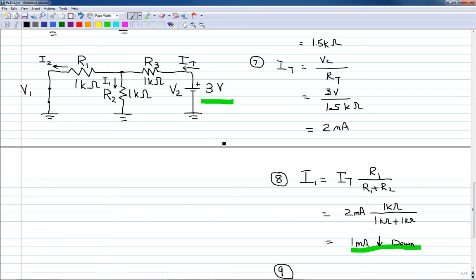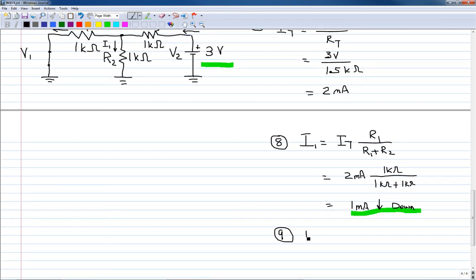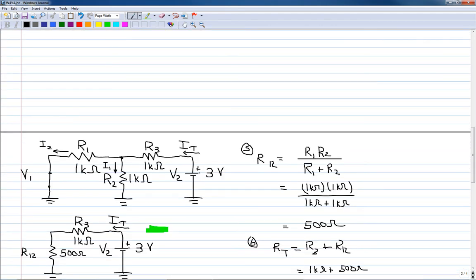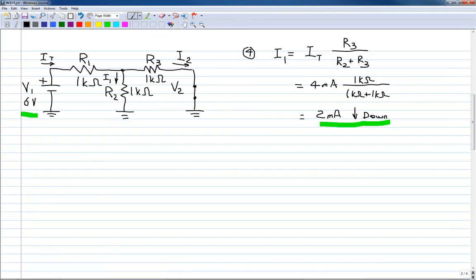To figure out the total current, we just simply have to add those together, or if you will, I1 total equals I1 due to V1 plus I1 due to V2. Looking up one more time, I1 due to V1 was 2 milliamps down.